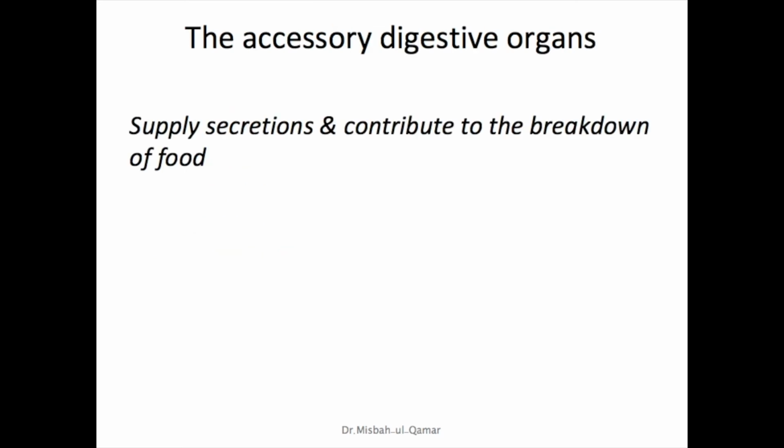Now, the accessory digestive organs supply secretions contributing to the breakdown of food, and they include teeth and tongue, salivary glands, gallbladder, liver, and pancreas.